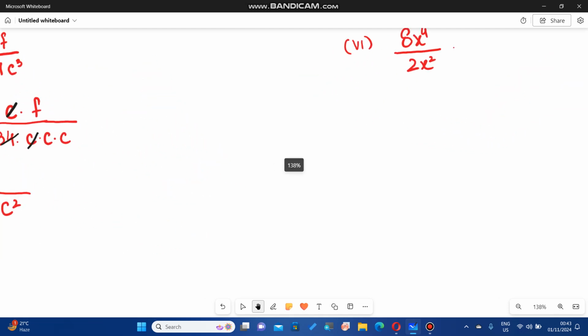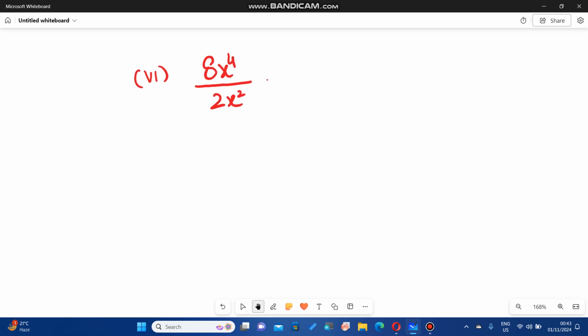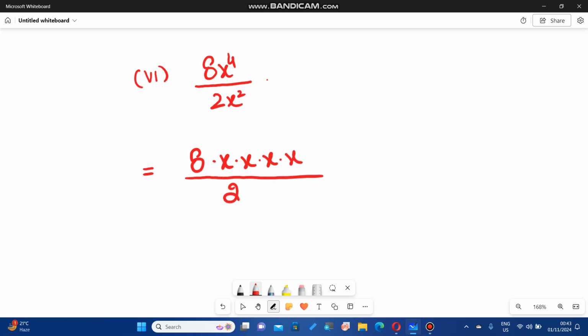We have our next question, 8x4 divided by 2x squared. We have 8, x4 means 4 x's being multiplied, divided by 2, x squared means 2 x's being multiplied. 2 times 1 equals 2 and 2 times 4 equals 8.